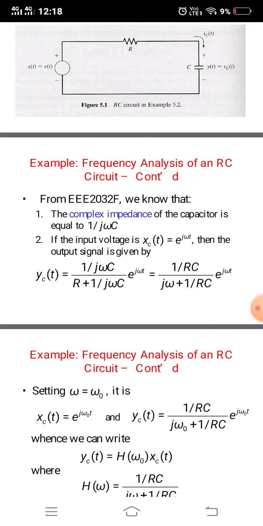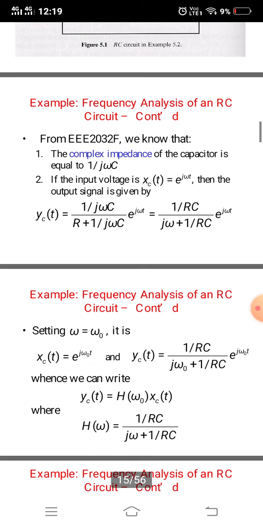Omega naught replaces omega, so xc of t equals e power j omega naught t, and the output yc of t equals 1 by RC over j omega naught plus 1 by RC, times e power j omega naught t. Those two values are related by the system H of omega equal to 1 by RC over j omega plus 1 by RC.